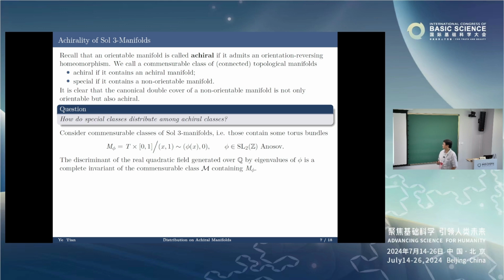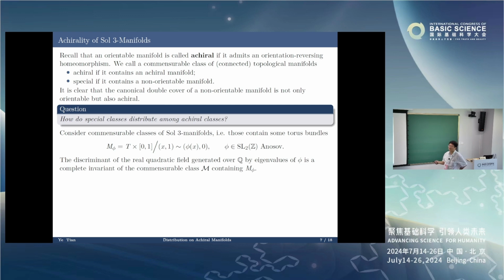We call it a Sol manifold if phi has real quadratic eigenvalues. The discriminant of the real quadratic field generated over Q by the eigenvalues of phi is a complete invariant of the commensurable class containing M_phi.